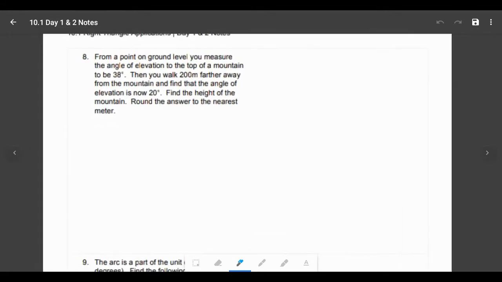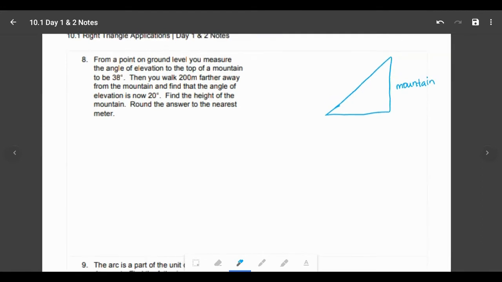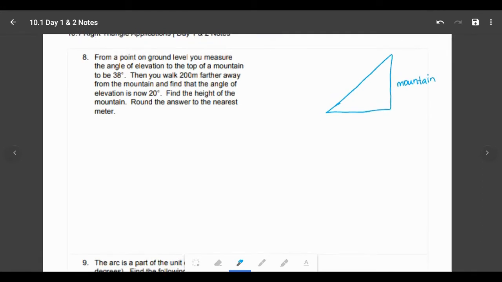So for this one, we are told that from a point on the ground, I measure the angle of elevation to the top of a mountain to be 38 degrees. So over on the side here, I'm going to draw this in. So my mountain is over here. And I am standing over at this point.